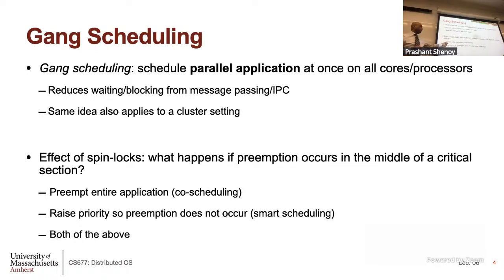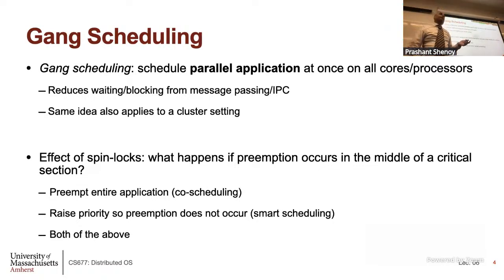You can either preempt the entire application, which is called co-scheduling. If any thread blocks because it's trying to get a lock or it's trying to do IO, you will essentially deschedule all the other n-1 threads that are running on other processors. So that's preemption. The other option is that you say no, maybe you don't do that. You ensure that the others can continue to run until the quantum expires.